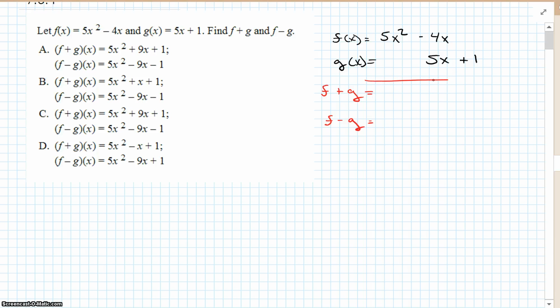The sum would be 5x squared plus x plus 1. The difference would be 5x squared minus 9x minus 1. So the answer, if we were looking, looks like B. Okay, pretty easy to add and subtract.